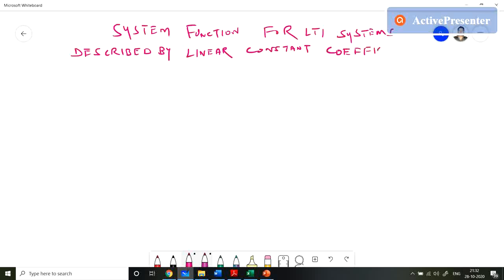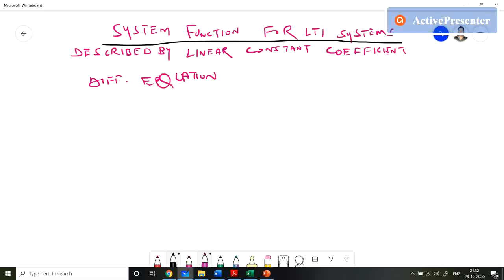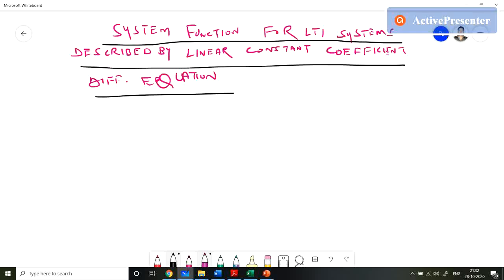We have some linear constant coefficient differential equation model, and we will try to solve this by using the Z transform aspect.